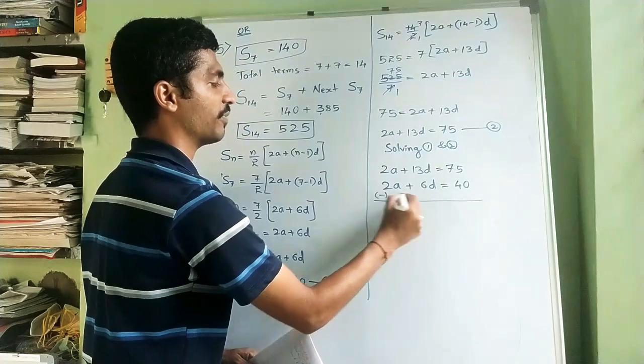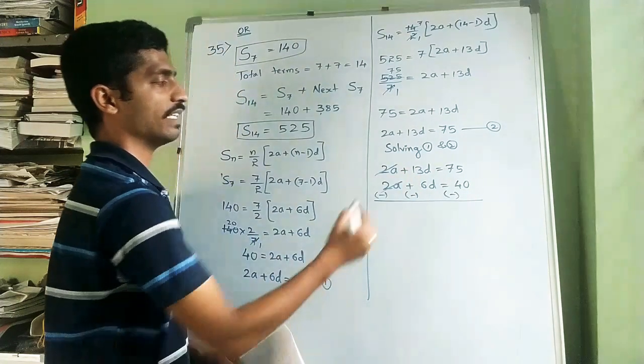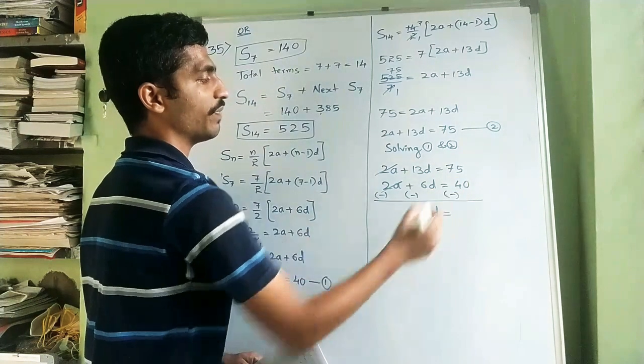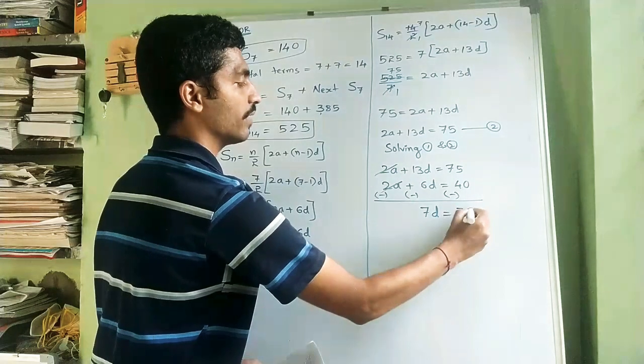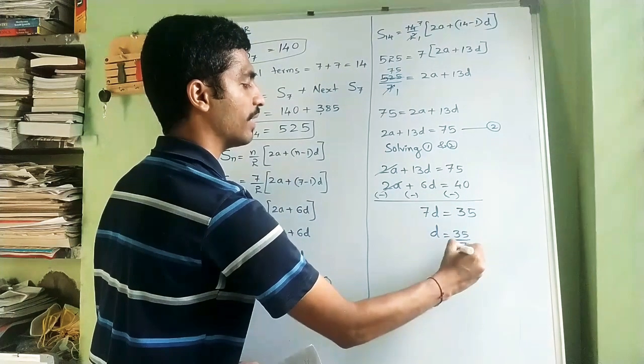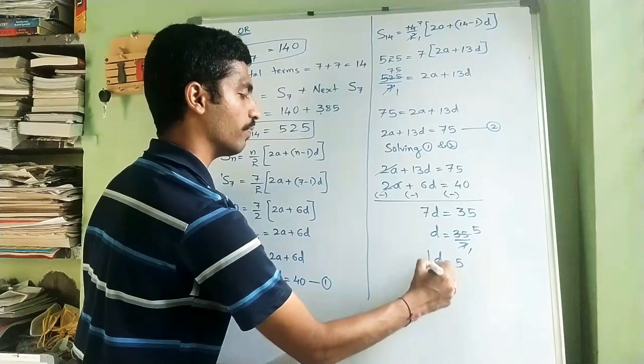Okay, make the second equation multiplying with minus. So 2a gets cancelled. 13d minus 6d, it will be 7d. 75 minus 40, it will be 35. So d equal to 35 by 7. 7 ones are 7, 7 fives are 35. So d equal to 5.